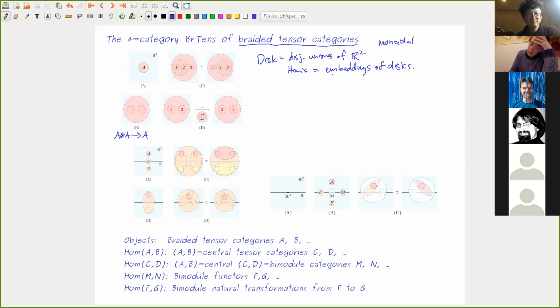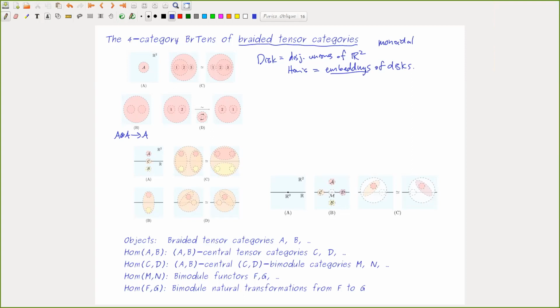But I said that we consider the space of embeddings of disks. And so when I say that, it means that if I consider an isotopy of embeddings, for instance, here's a map from A tensor A to A, and here's another map from A tensor A to A, where what I've done is I've embedded the disks instead of in the 1-2 order, I've flipped the order.